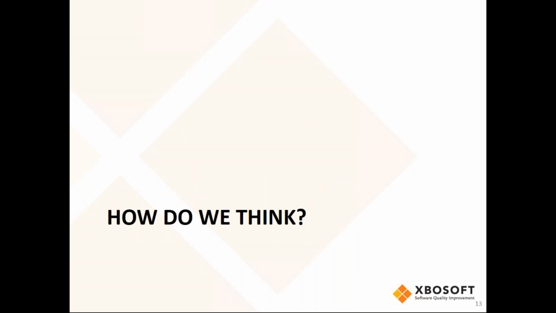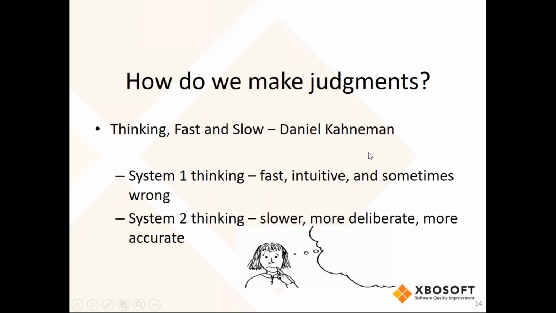So how do we think? Well, Daniel Kahneman has done some research on this. He's probably one of the biggest researchers in this area, and he defined a model that divides our thinking into two components.